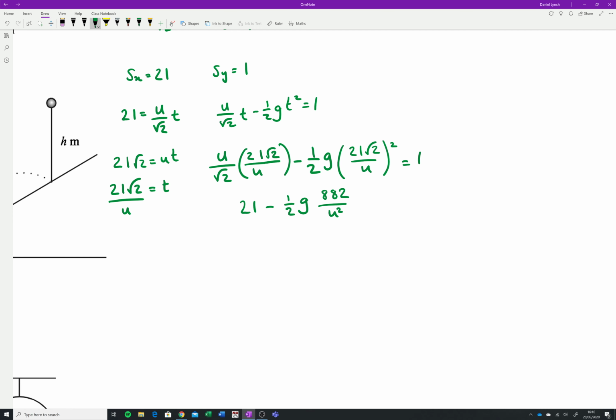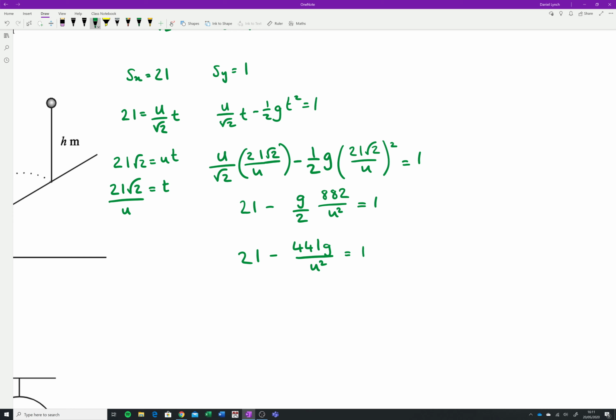Actually I see that it's a half of it, which is quite nice. If you wanted to write a half g, you could write it as g over 2. So 2 divides into 882, and we're back down to 441 after all of that. G, they're multiplying, over u squared, and it's equal to 1.